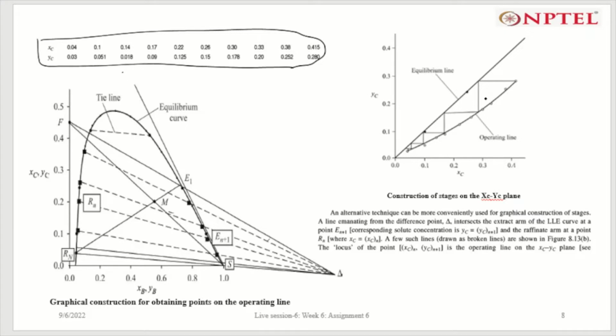This is the first step. Similarly for the others. So here is stage 1, 2, 3, 4, and 4.5. The total number of ideal stages is 4.5.